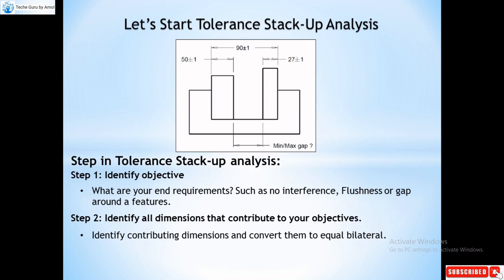What are your end requirements, such as no interference, flushness or gap around a feature. Step 2, identify all dimensions that contribute to your objective. Identify contributing dimensions and convert them to equal bilateral dimensions.